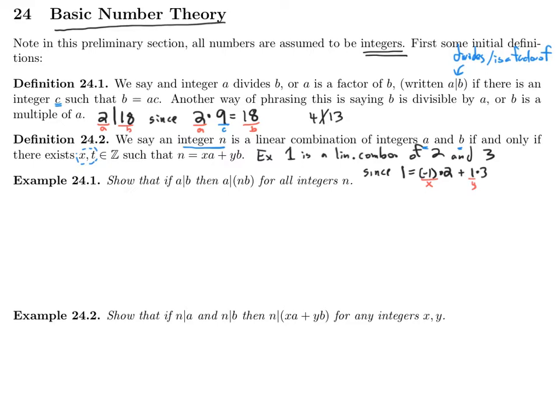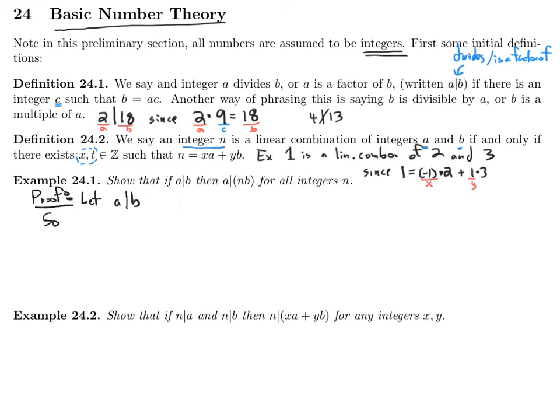Okay, let's go ahead. Again, we're assuming all of our numbers are integers, so we're not going to write that anymore for this section. So here's our proof. Let a be a factor of b. What does that mean?